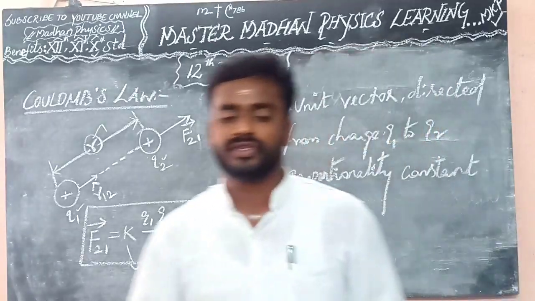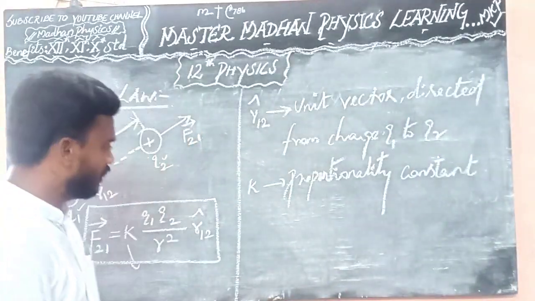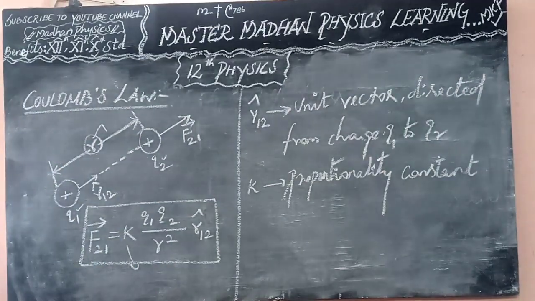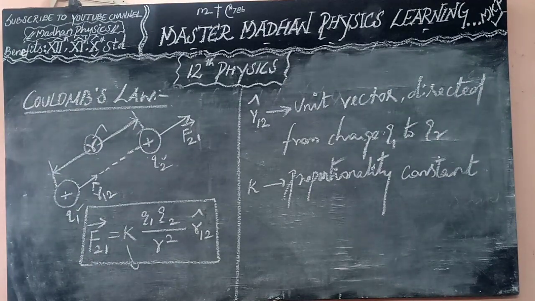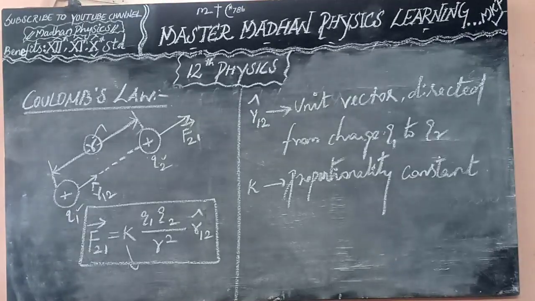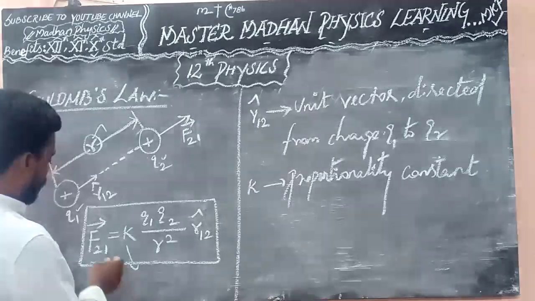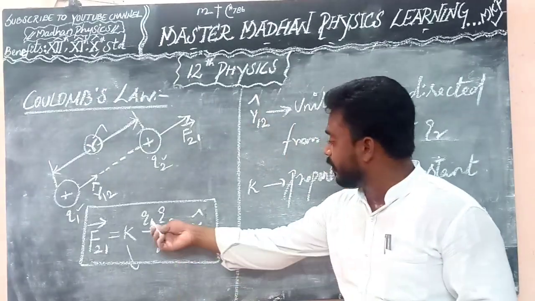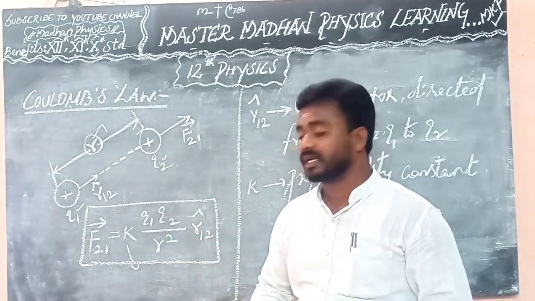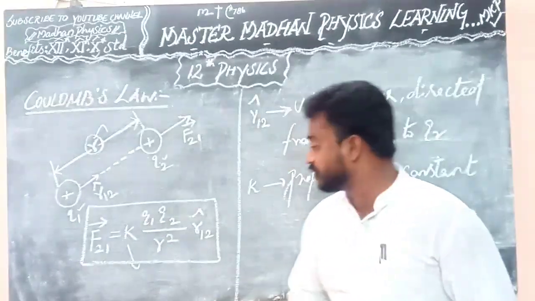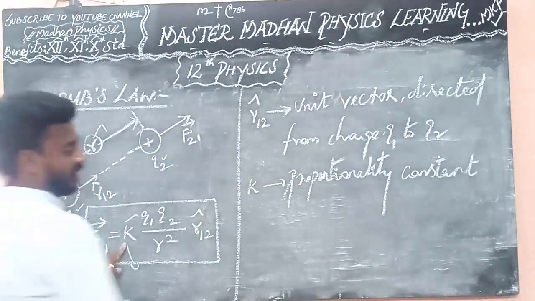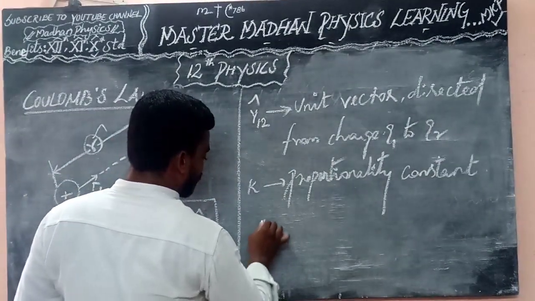Okay, so students, this is Coulomb's law. Keep it in mind. We can also derive it. How can we derive the formula? The force of attraction or repulsion between two point charges is directly proportional to... When we take the constant, how can we form the equation?